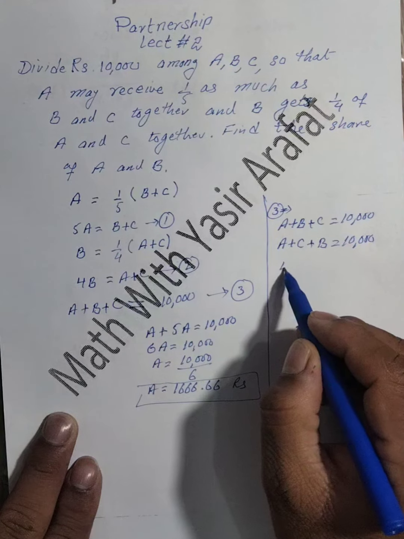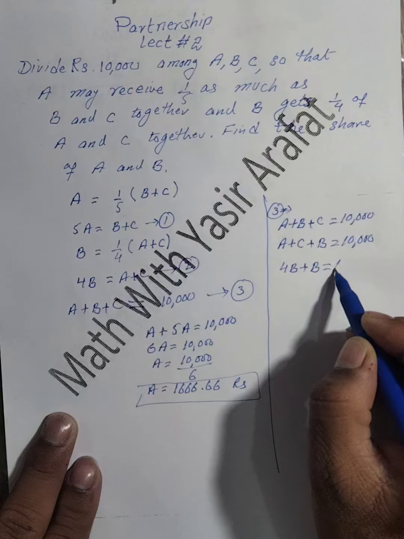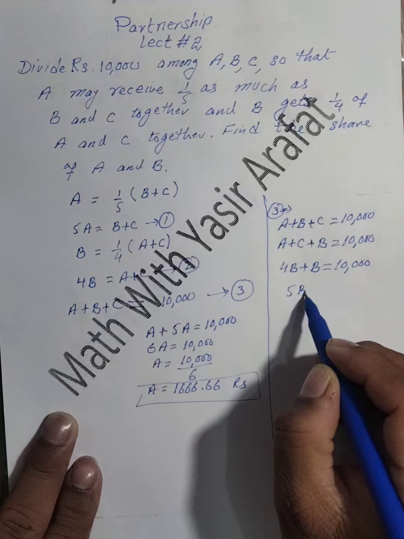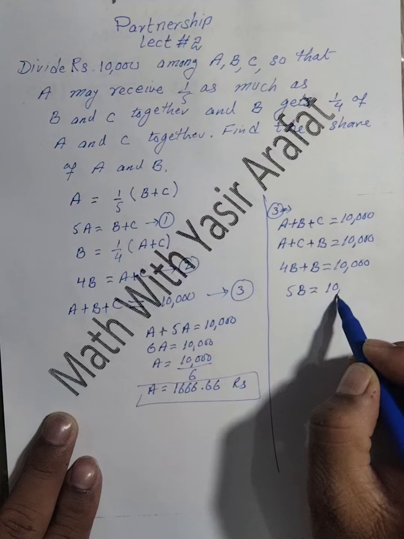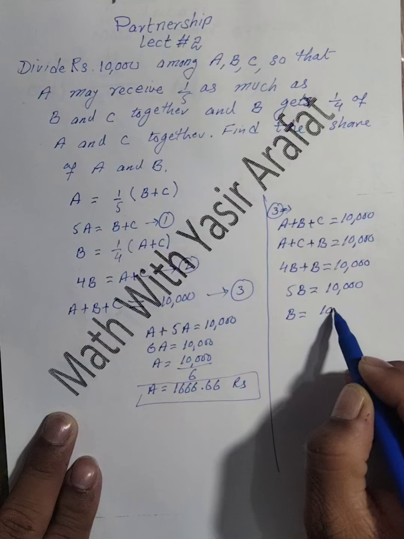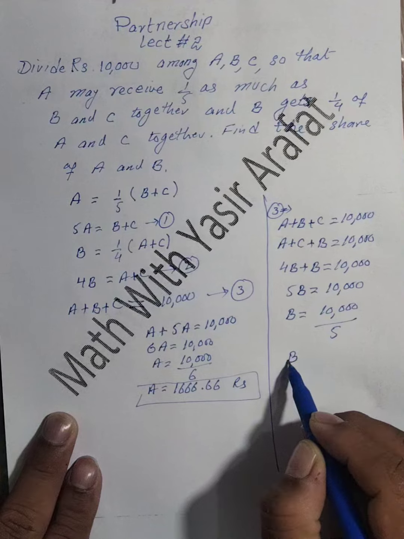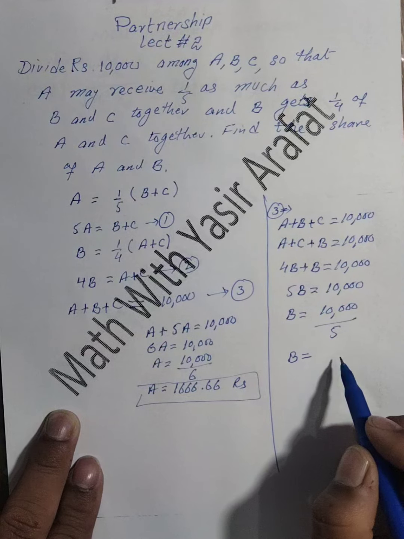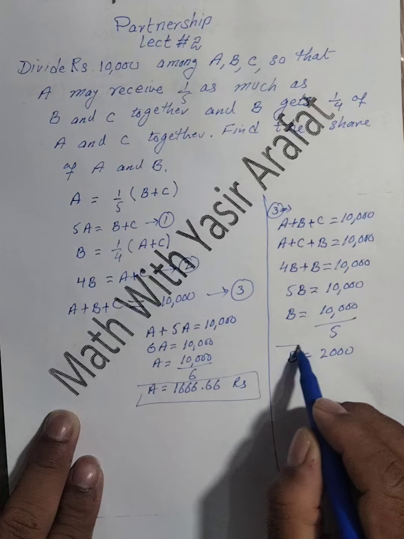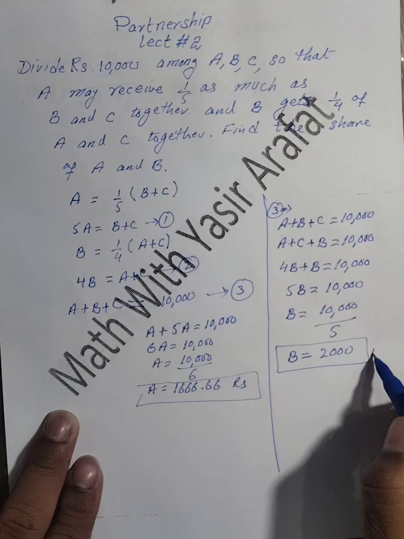So we just have to put its value here. So this is 5B. So the value of B is 2,000 rupees. This is the share of B, which is equal to 2,000 rupees.